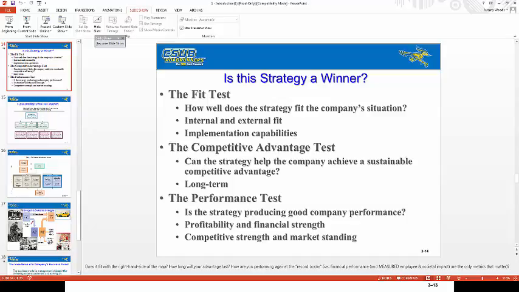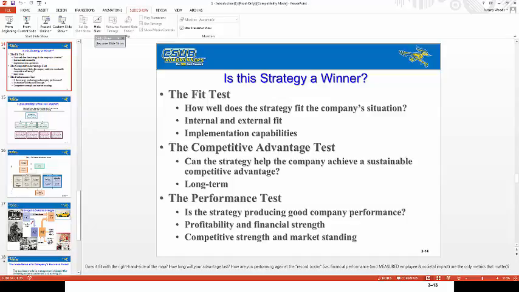And then finally, the performance test. How well is the strategy actually producing good performance? And that performance has to be measurable. It's partially how profitable you are, how good your return on investment is, but it's also what kind of an impact you are making with your employees and in their ability to reach their career goals, their personal financial goals, and their personal life goals, and then what kind of impact you are having on the society around you.